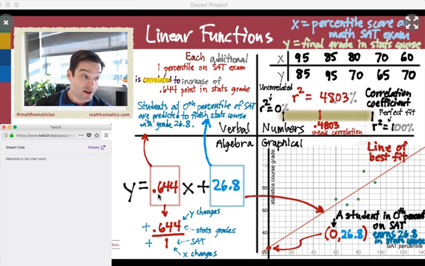I need to be able to say, this means that a student going up by 1 percentile on the SAT means that we expect their stats grade to be correlated to 0.644 points higher, according to this linear model. To be able to do those explanations, that's why we think mathematically and why we practice mathematics. One of the reasons why we think and practice mathematics is because it has this value, this currency, this precise ability to communicate a concrete thought about a quantitative situation like this one to the world around us.